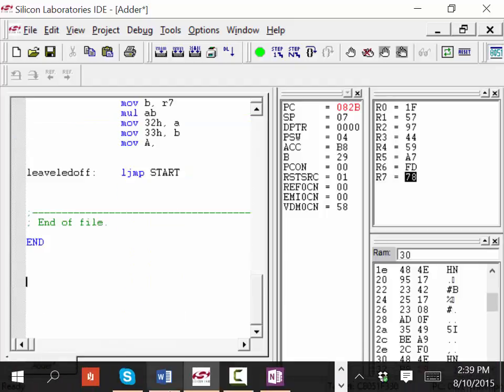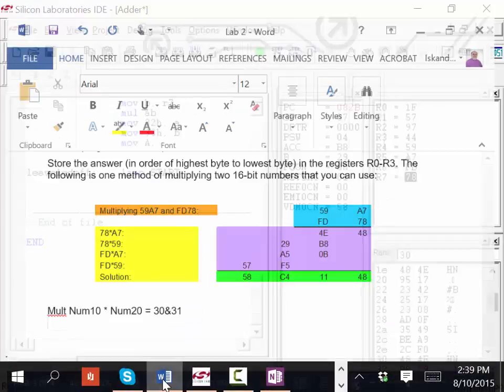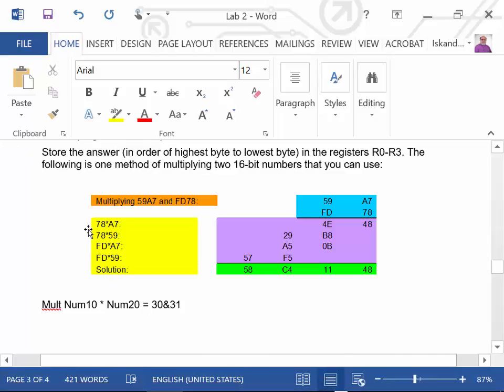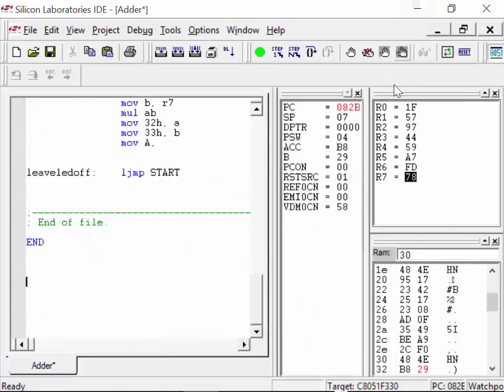Right there, and this is where things get a little tricky because I got the screen. Now we're going to be multiplying FD, which is 22 times 10.